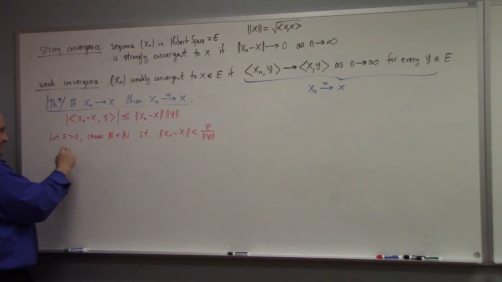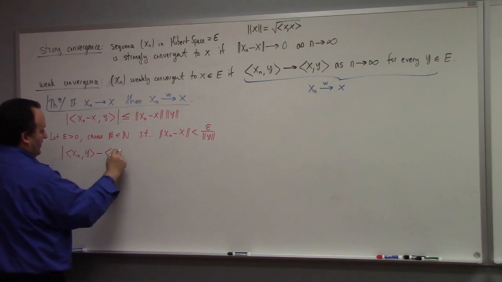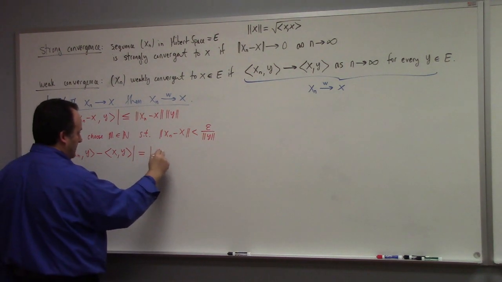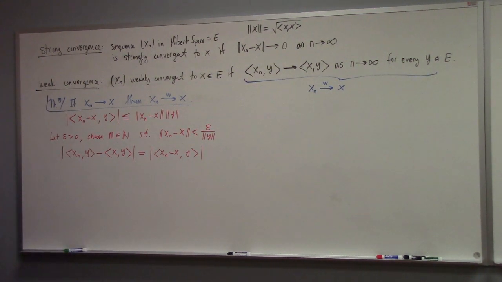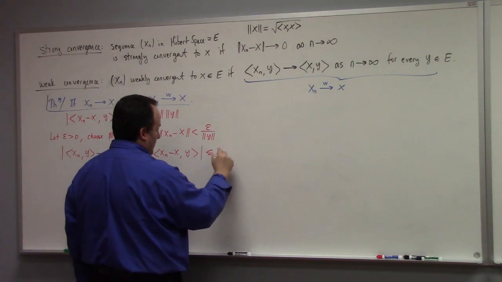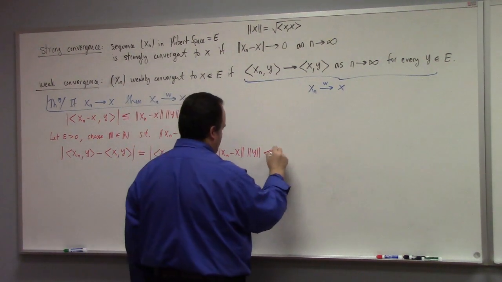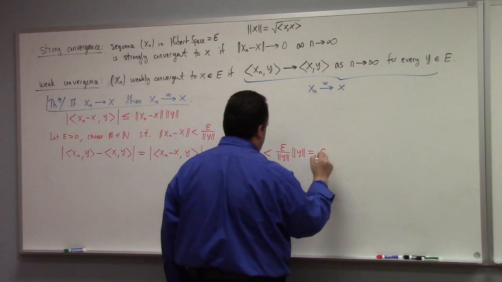And then if I look at the absolute value of the inner product of xn and y minus the inner product of x and y, then by linearity in the first slot, that's literally equal to this, that's the additivity in the first slot. And then by Cauchy-Schwarz, this is less than or equal to the norm of xn minus x times the norm of y, which by construction is less than epsilon over norm of y times norm of y, which is of course equal to epsilon.